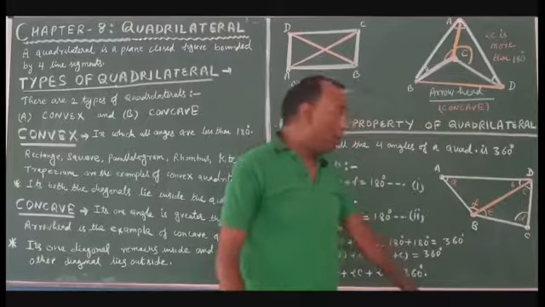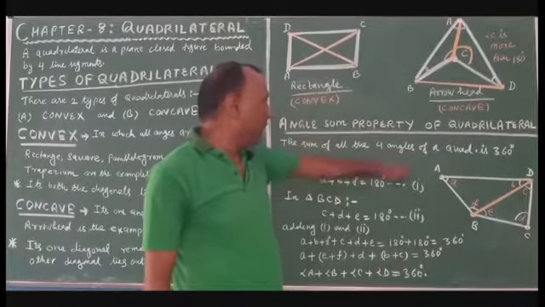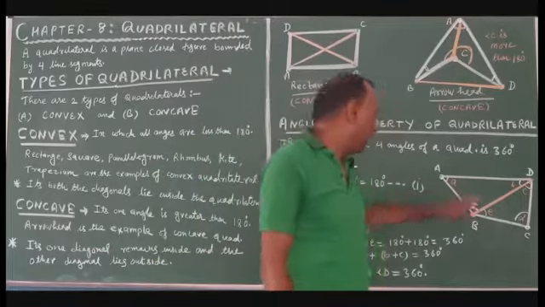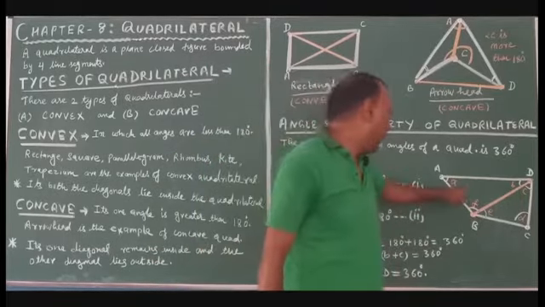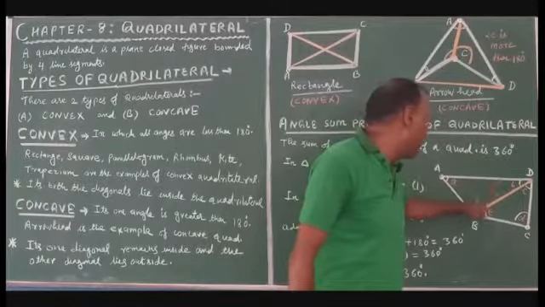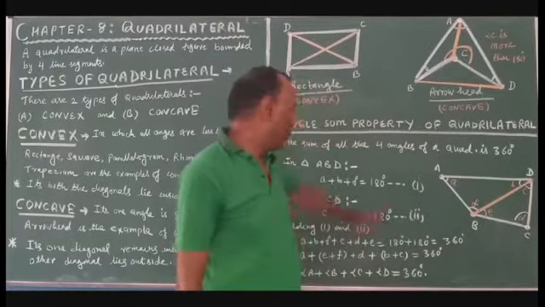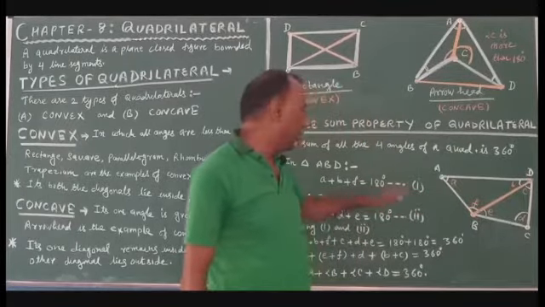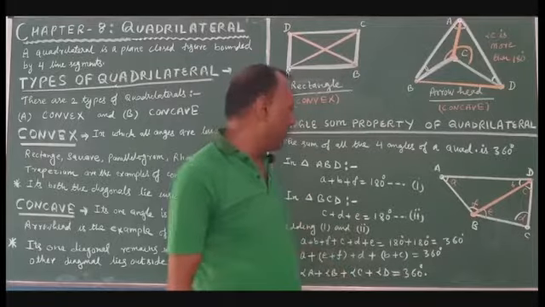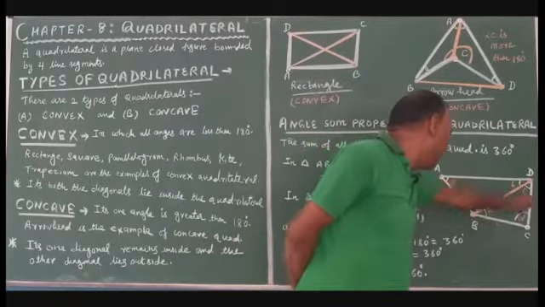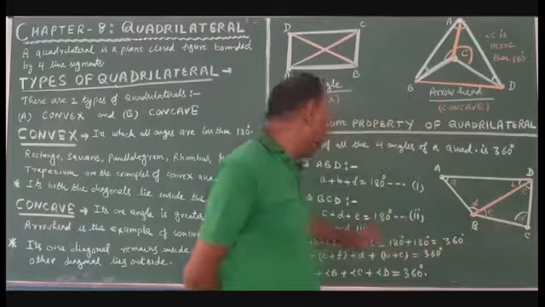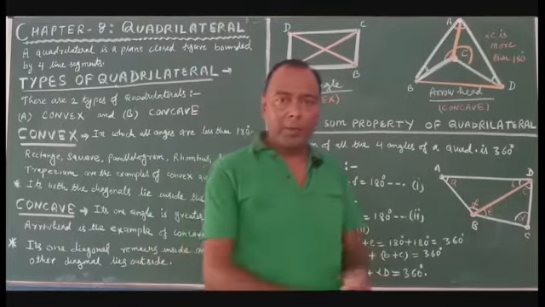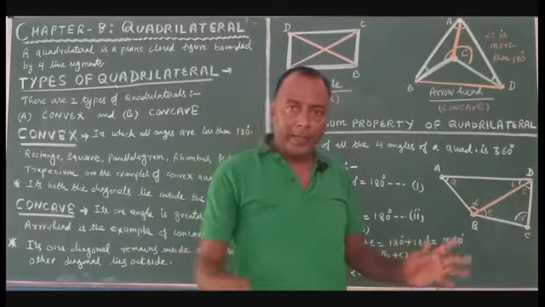Now just look at triangle ABD. The sum of angles a plus b plus f will be 180 degrees. Similarly, in triangle BCD, c plus d plus e will be 180 degrees, because the sum of all the interior angles of a triangle is 180 degrees.